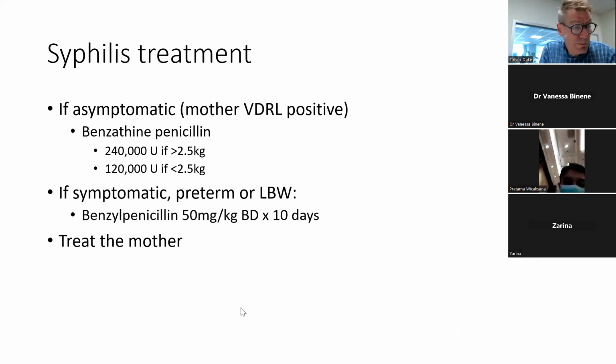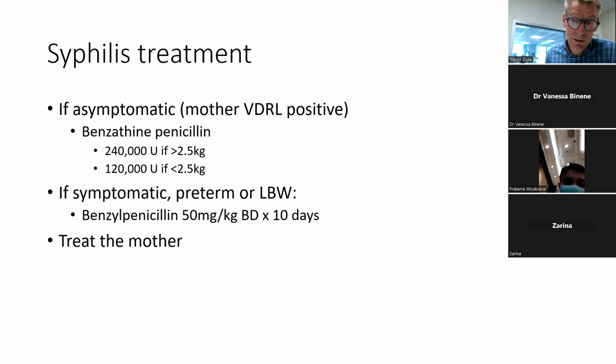As you know, the treatment is: if the mother's symptomatic, if the mother's VDRL positive, but the baby is asymptomatic, if they don't have any symptoms, and that includes not having low birth weight, if they're a normal birth weight without hepatosplenomegaly, or without jaundice, or without anemia, without a rash, without clinical skin manifestations, so they have to be completely free of symptoms and signs of congenital syphilis, then giving a dose of benzathine penicillin is sufficient.